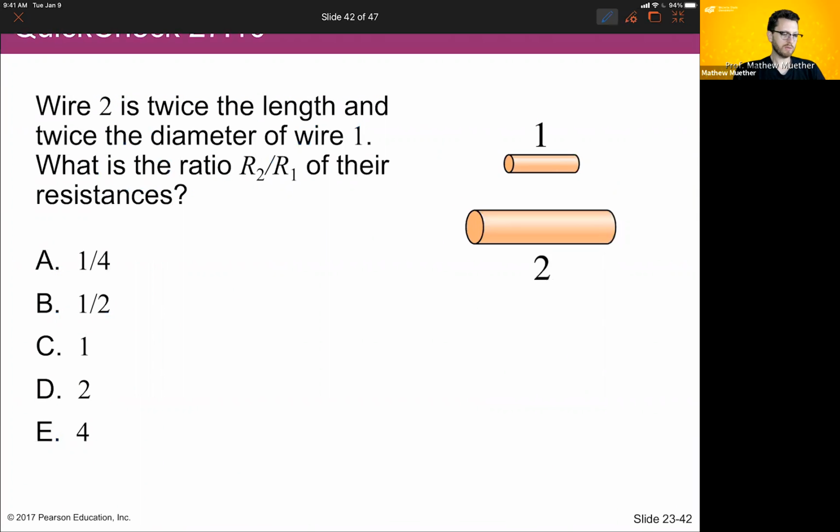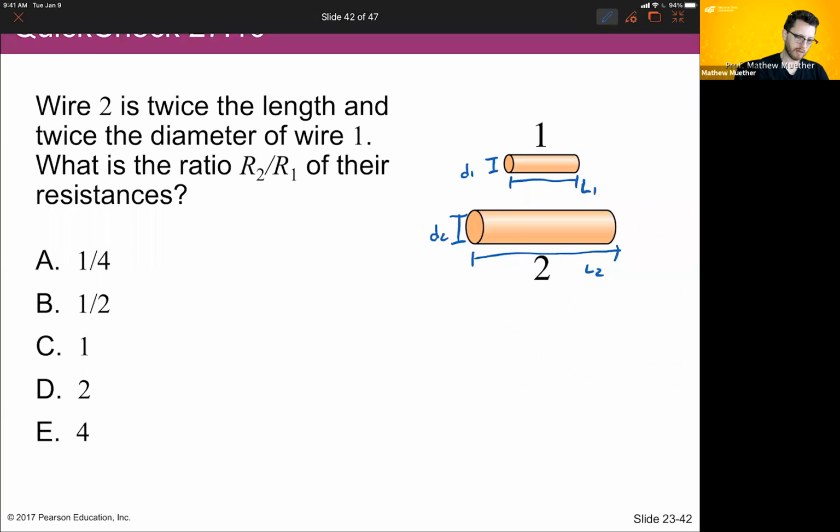Okay, what about this one? Now we have 2 wires, so 2 pieces of conductor, and the length of wire 2 is twice the length and twice the diameter of wire 1. What's the ratio of their resistances here? So this is D1, this is D2, this is L2, and this is L1.